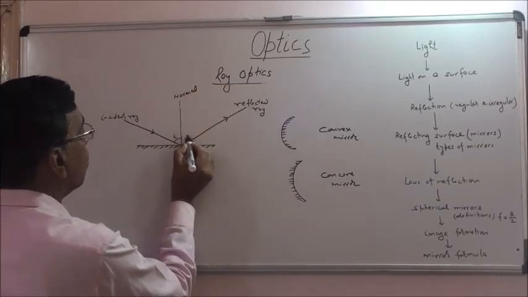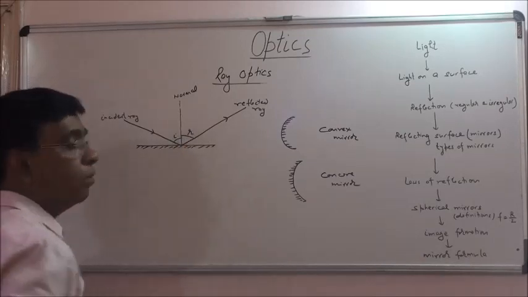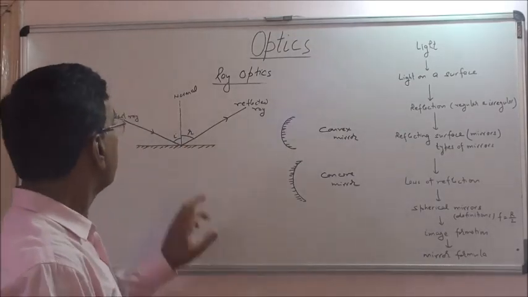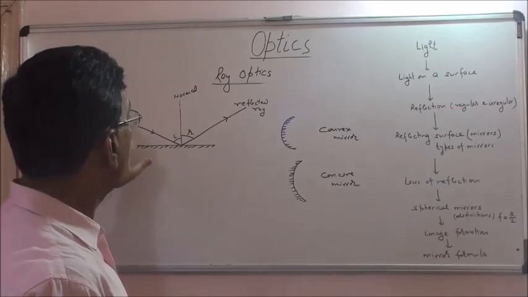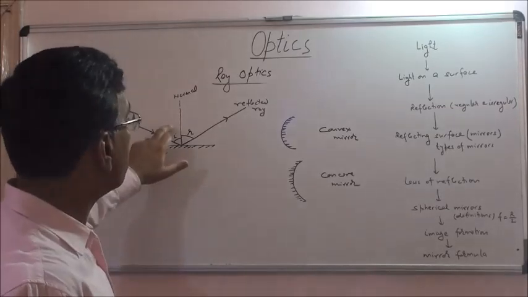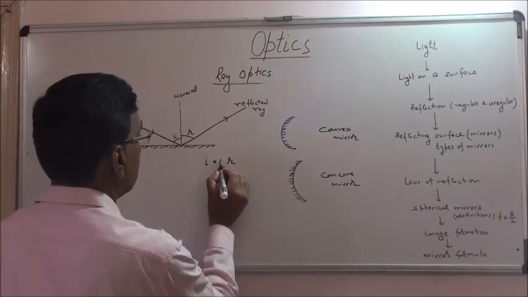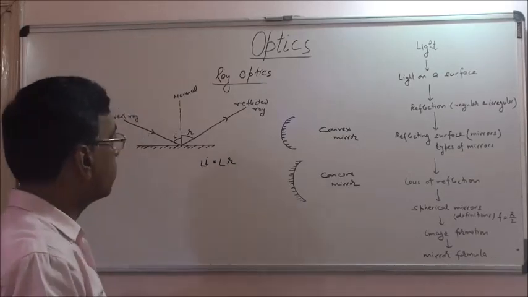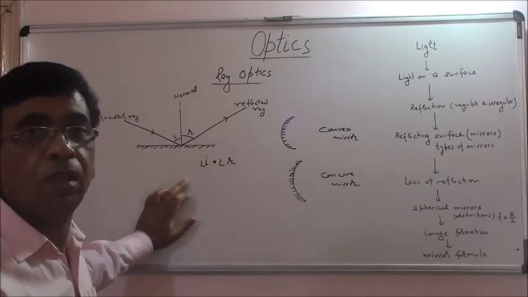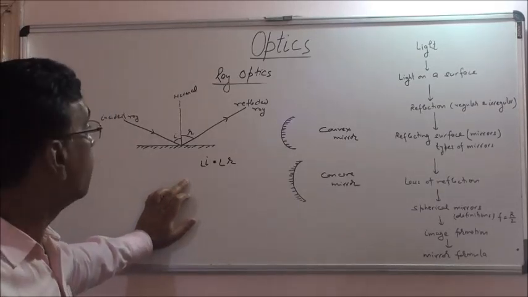This angle is the angle of incidence and this one is the angle of reflection. Okay. First law says that the angle of incidence and angle of reflection are equal. Angle of incidence equals the angle of reflection, the first law of reflection.